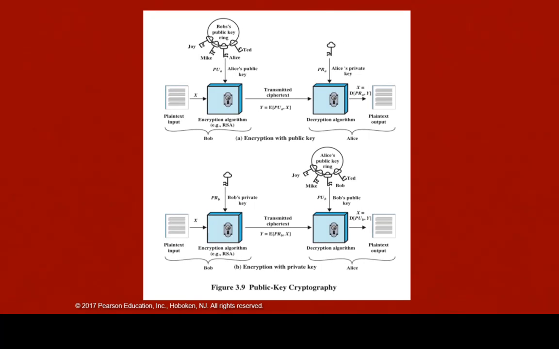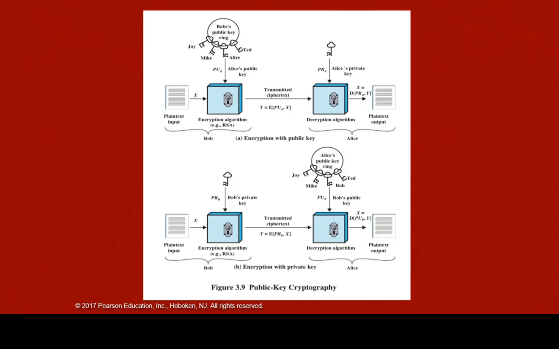Please pause and see the public key cryptography figure. A public key encryption scheme has 6 ingredients. Plain text. This is the readable message or data that is fed into the algorithm as input. Encryption algorithm. The encryption algorithm performs various transformations on the plain text.